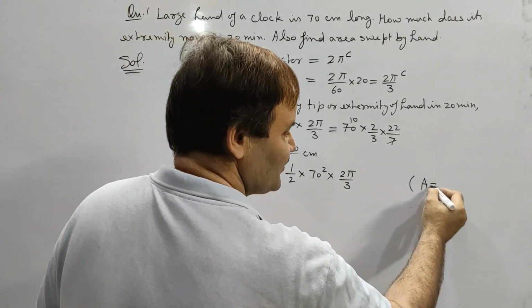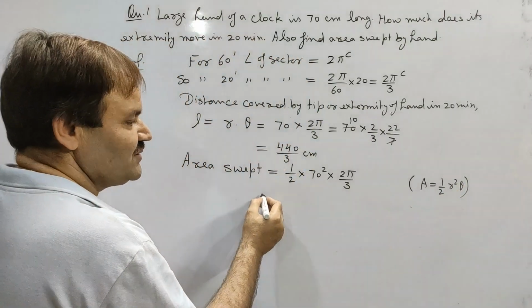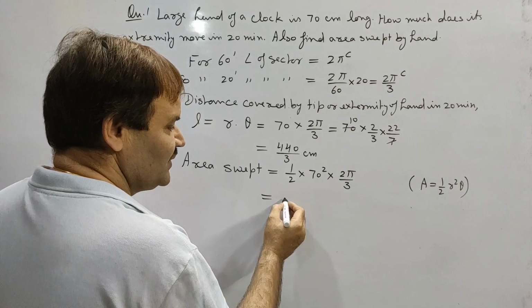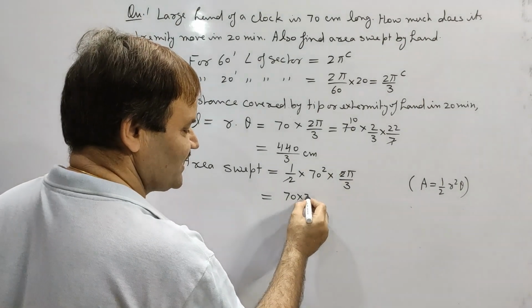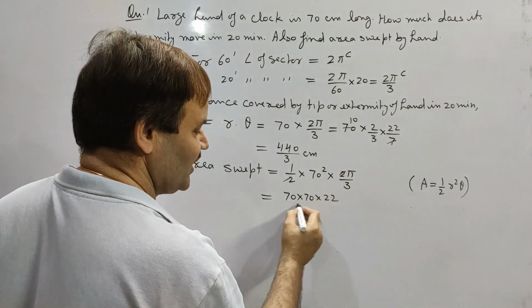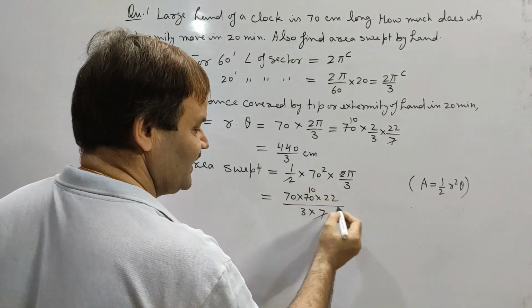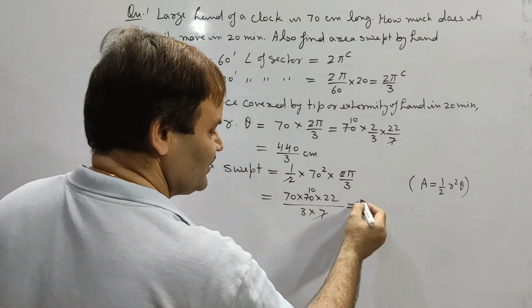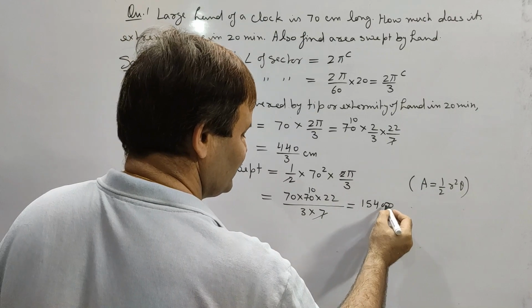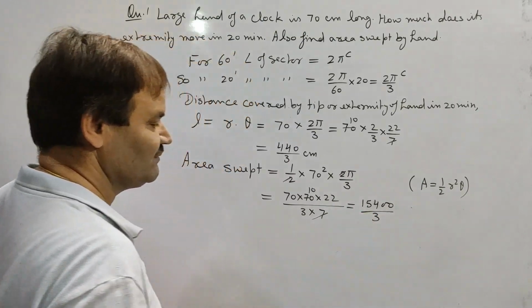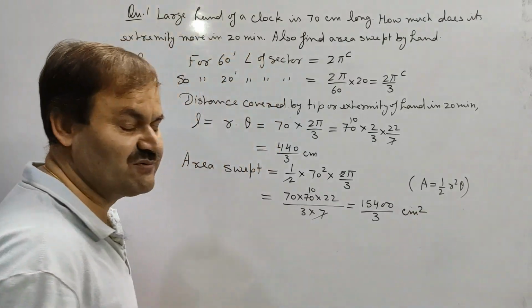So it will become 70 into 70 into 22 upon 3 into 7, which is 1540 divided by 3, and it will be in centimeter square.